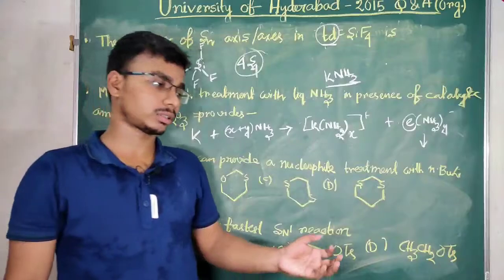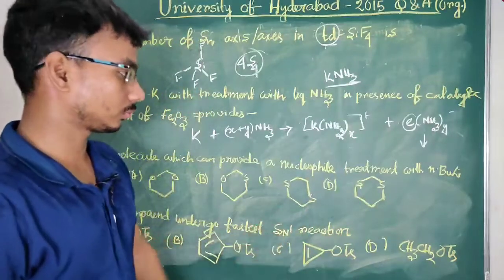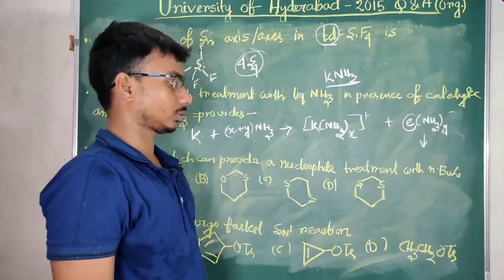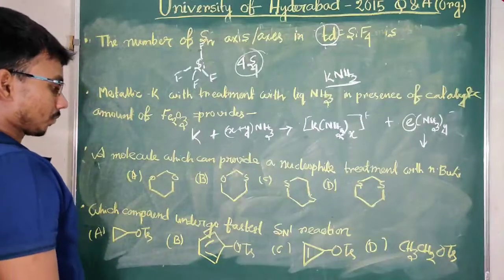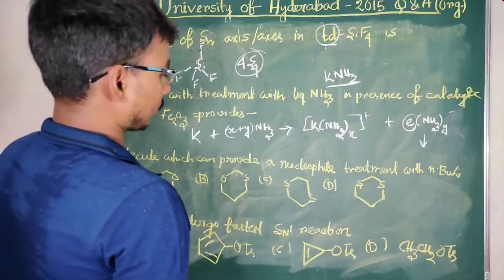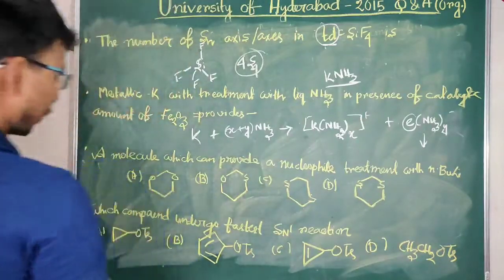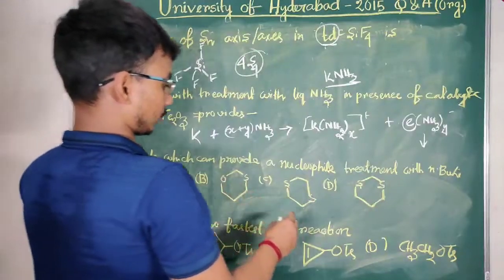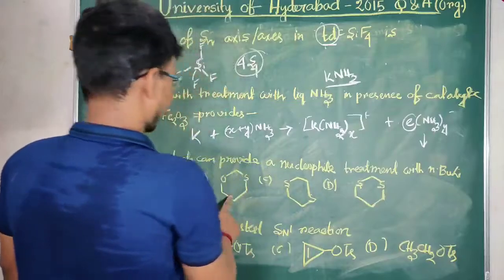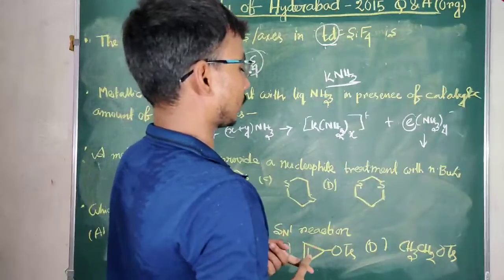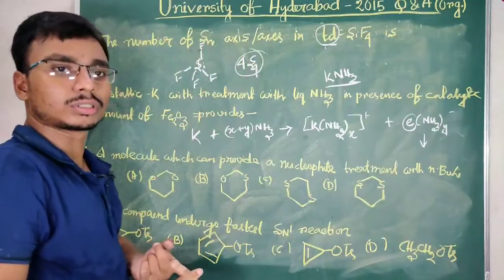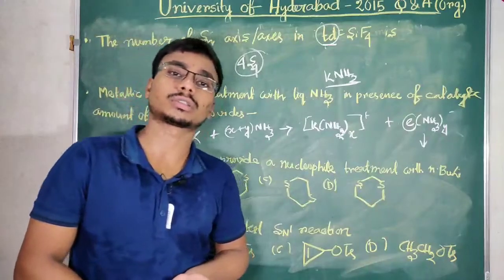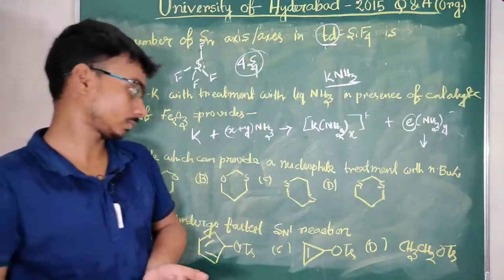They abstract a proton from a compound. So you have to determine that after abstracting a proton, when a negative charge is produced, in which of these 4 compounds the negative charge will be most distributed, most polarized, or most resonant.